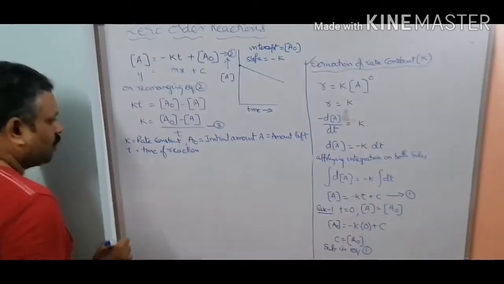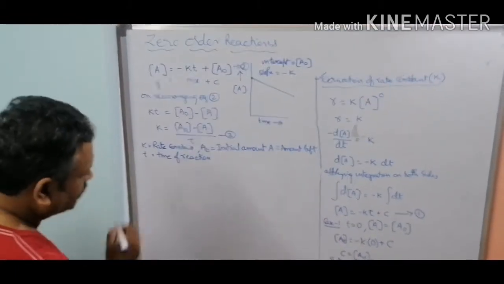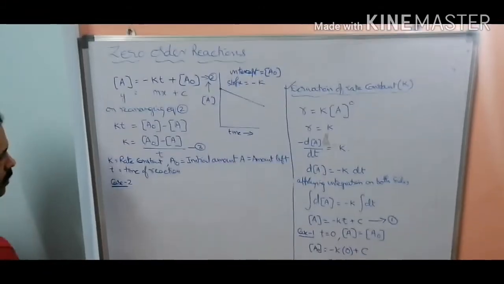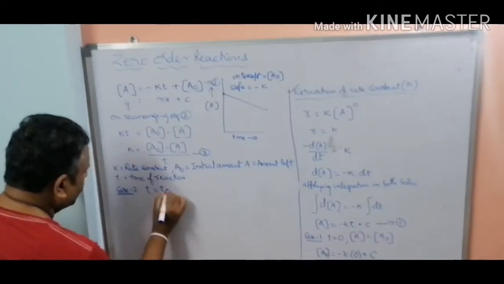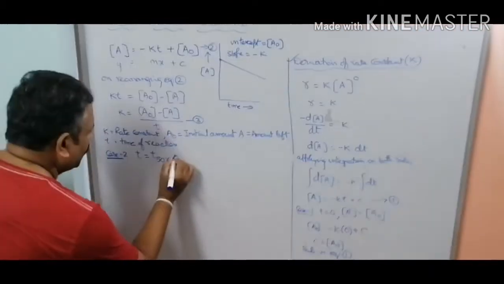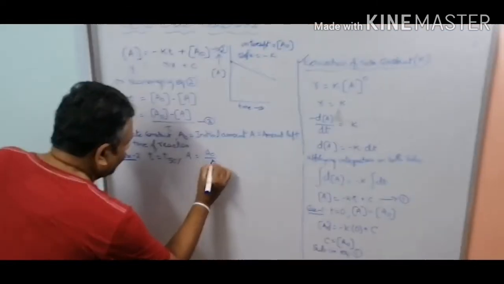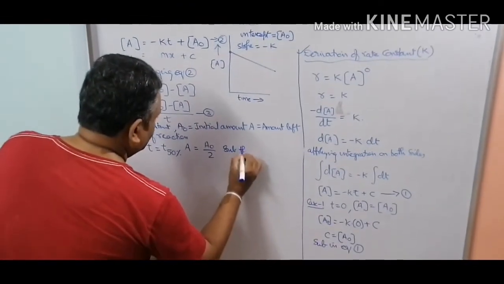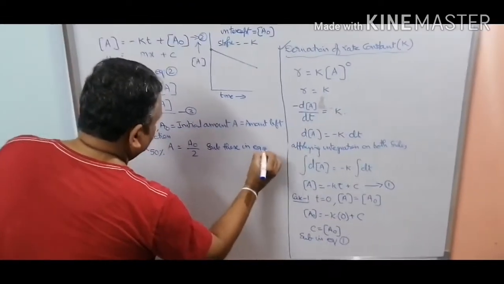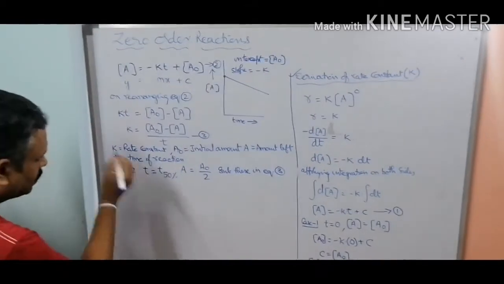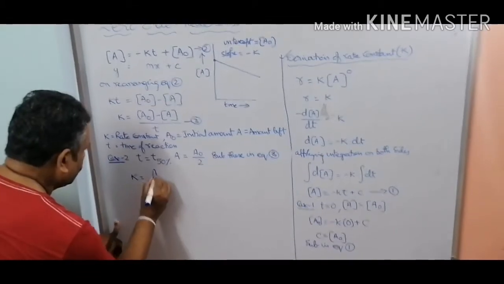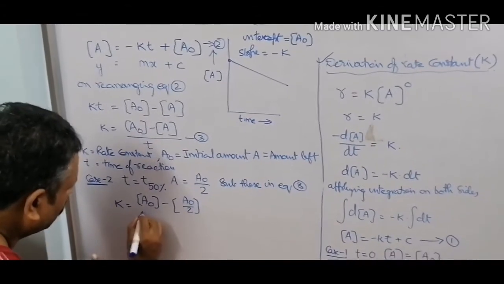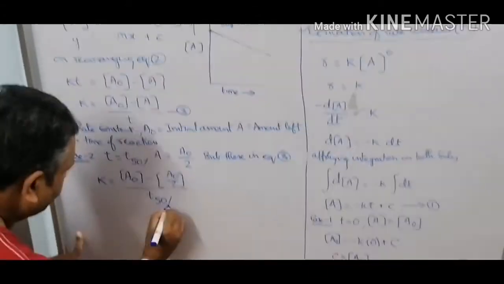Remember, we derived the half-life for the first order reaction. Similarly, let us apply case 2 and derive the half-life formula. At half-life, t is taken as t 50%, and the amount left of the reactant will be exactly half of your initial amount. So let us substitute these in equation number 3. k is [A] naught by 2 divided by t 50%.